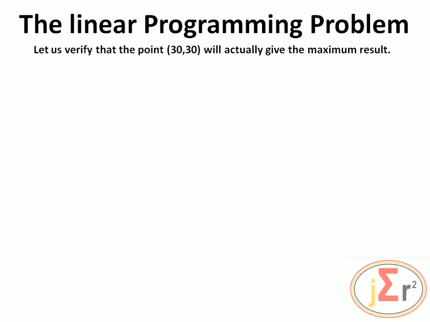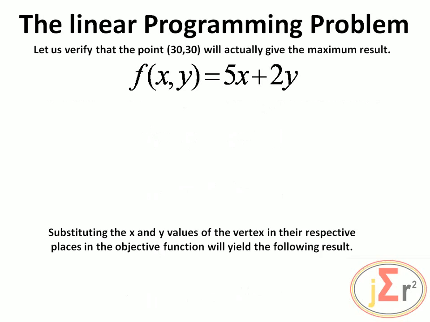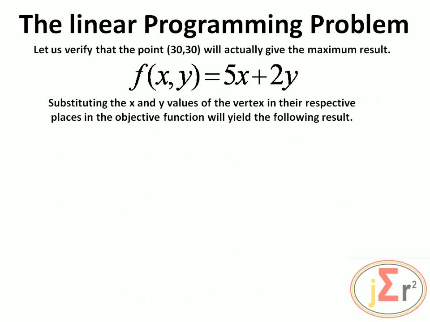Let us verify that the point (30, 30) will actually give the maximum result. Substituting the x and y values of the vertex in their respective places in the objective function will yield the following result.